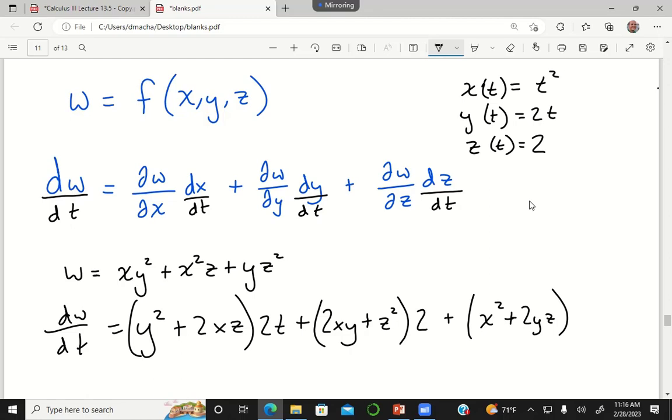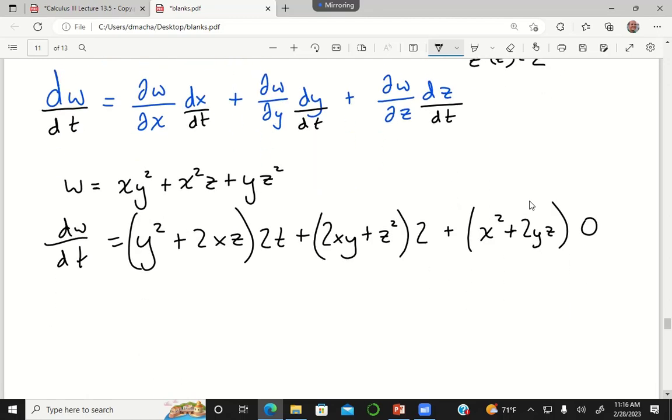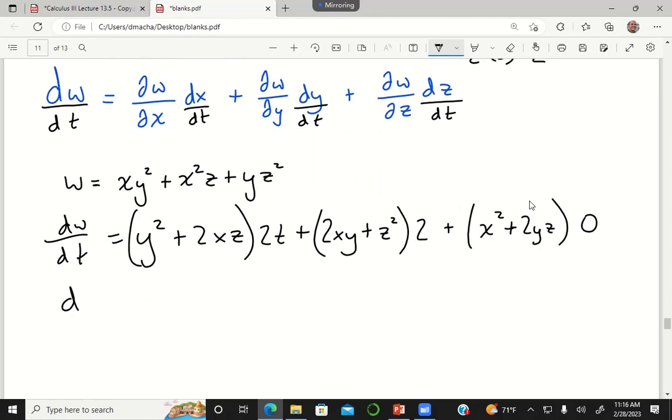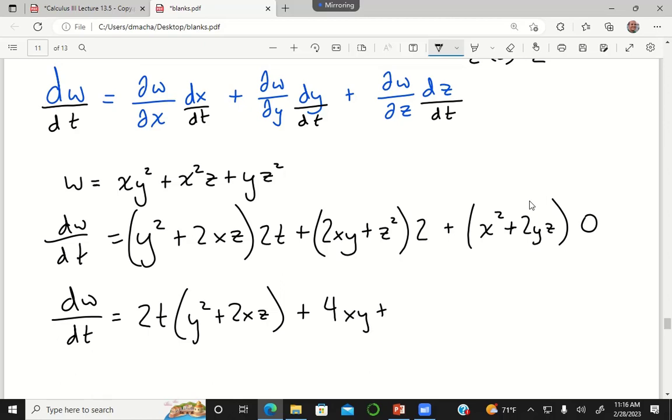And then times, what is dz dt? 0. Okay. So then, really not a whole lot we can do to simplify, but we can do it a little bit. So we can say that this is 2t times (y squared plus 2xz), and then plus 4xy plus 2z squared.